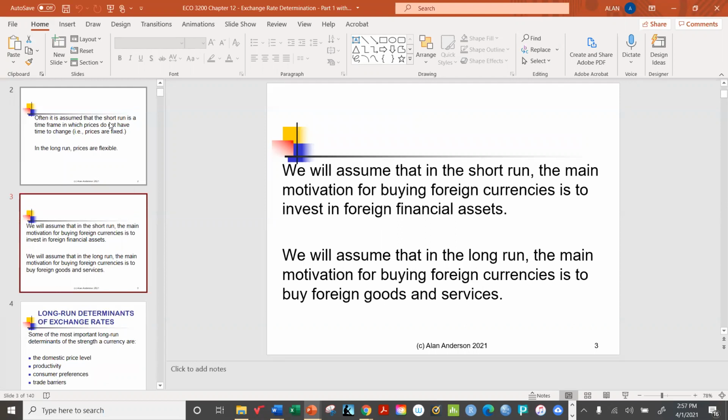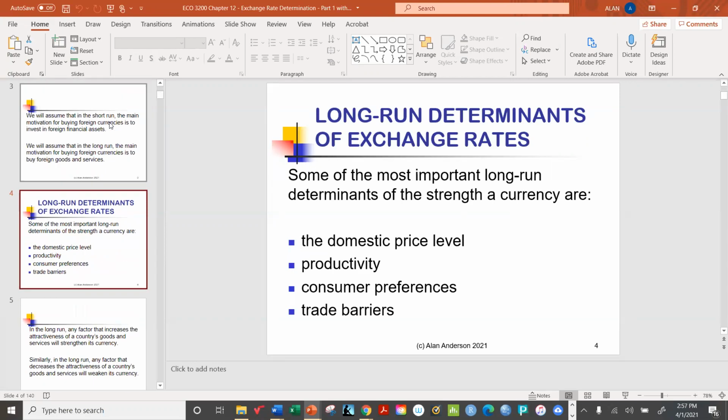Okay, so what factors do we consider for the long run? We start with the long run because it's a little simpler, and we're looking at four basic areas that can help explain the long run strength of a currency. And you can see included there are the domestic price level, which, remember, in the long run can change, productivity, consumer preferences, and of course, trade barriers.